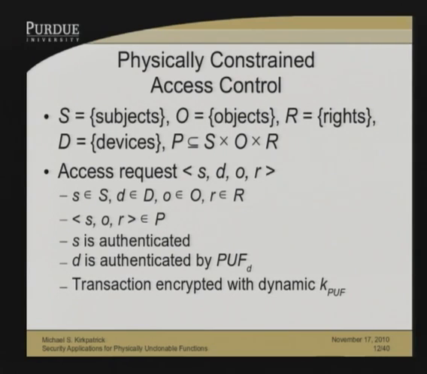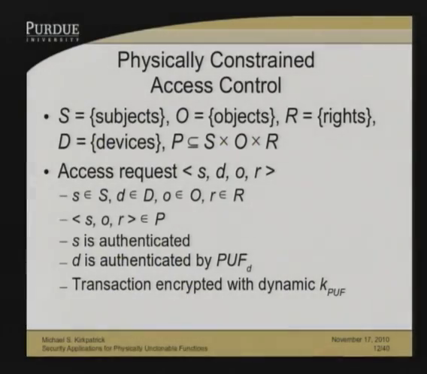So even if you had access to this system, if you're not using a trusted device, you're not going to be granted access. So we've just incorporated this additional constraint. And how we enforce this is that we authenticate the device using its PUF, and then we also generate a dynamic key that's based on the PUF. And that ensures that only that device can decrypt the data that's requested.